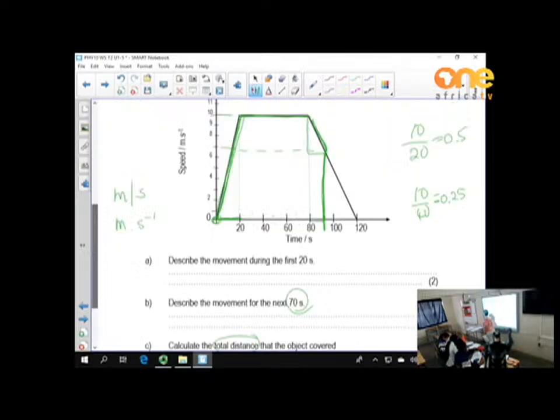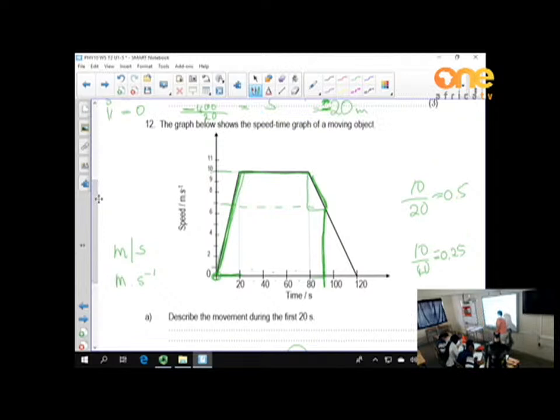How do we get distance? We need to work out the area under the graph. This one has nicely been divided up into rectangles and triangles. So that would be half base times height, that would be length times breadth, and that would be half base times height.